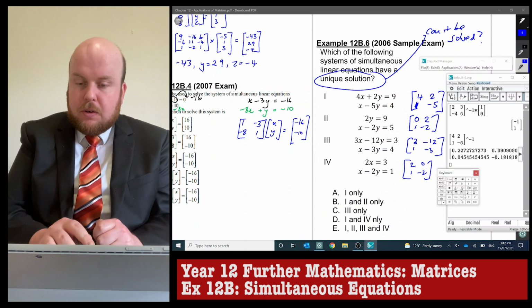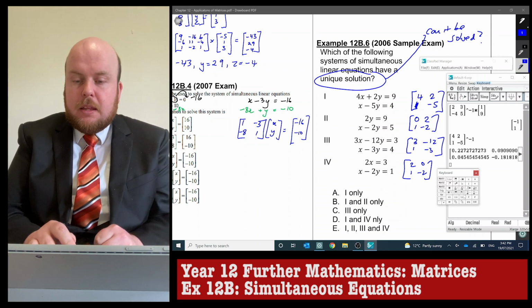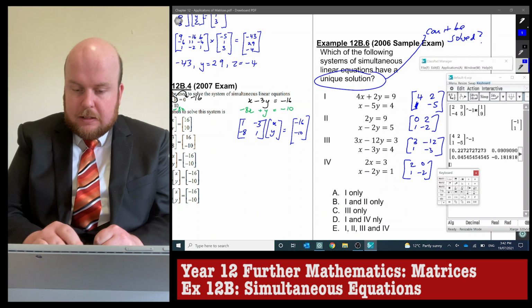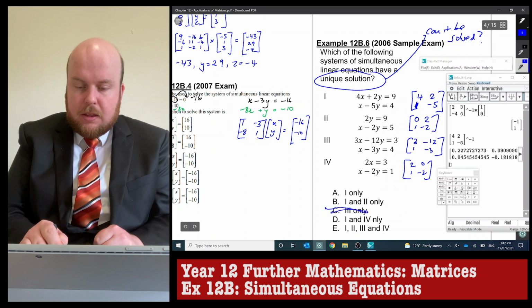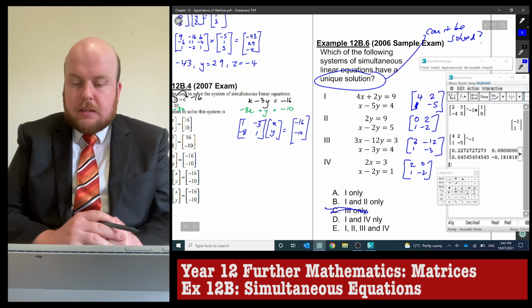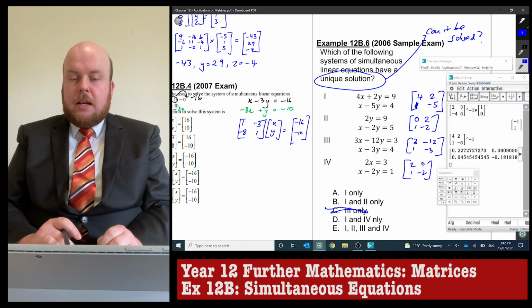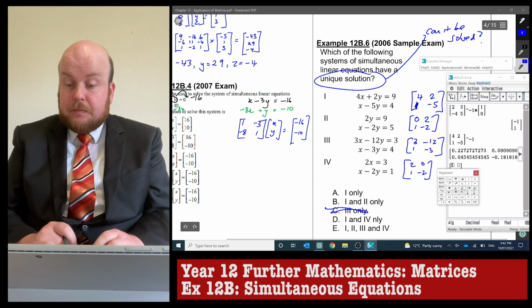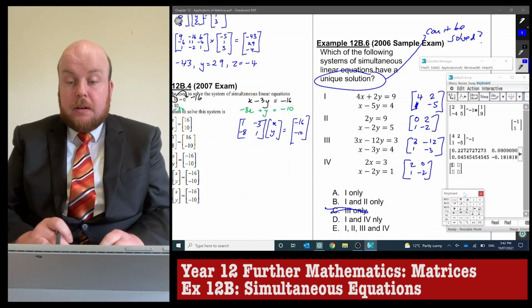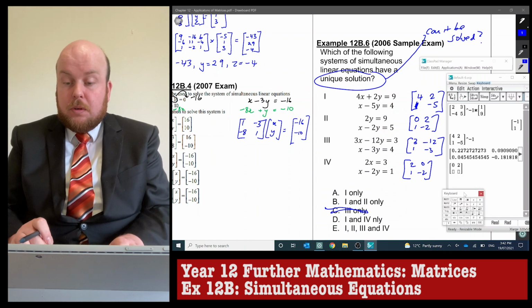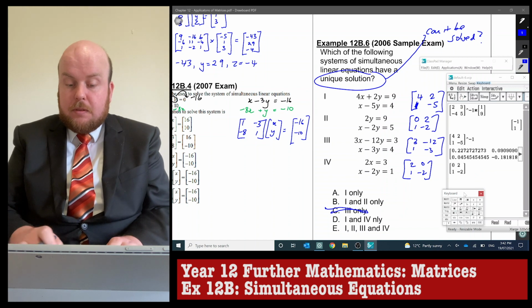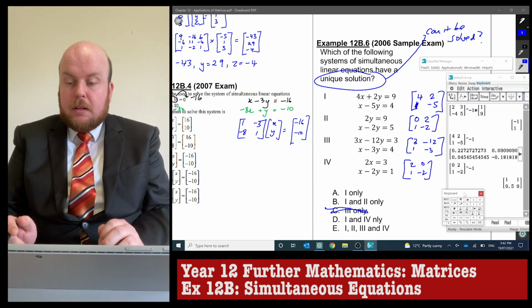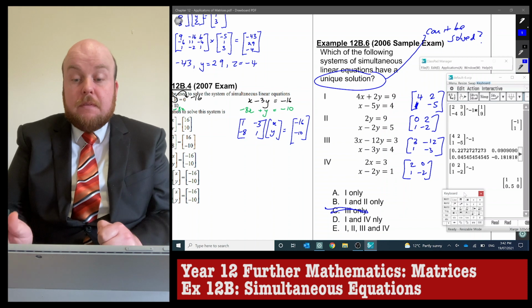So therefore we can cross off any of the options that have discounted I. So we can get 3 sorted. Let's go and have a look at if 2 is an option. So we've got 0, 2, 1, and -2. And yes, that can have an inverse as well.